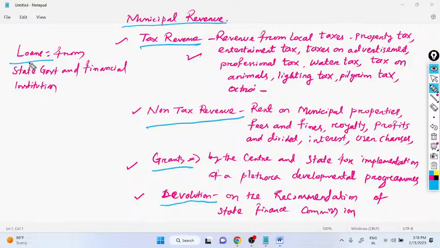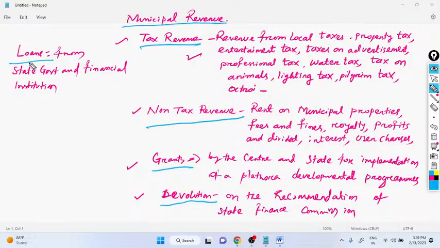Hence, municipal or local self-government, both rural and urban, are not financially sufficient because there are a lot of factors. Most of the matter is that there is a very meager source of revenue, tax revenue. They are not sufficient, and non-tax revenue is also very restricted, and their income is not very large.